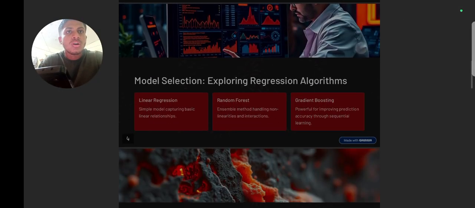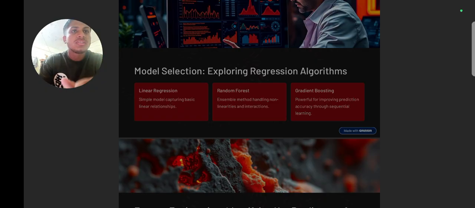Next one, model selection and exploring the regression algorithms. Regression algorithms are a class of machine learning models used to predict continuous outcomes based on one or more input features, like predictors. They are widely used in scenarios where the goal is to model the relationship between variables and make predictions.